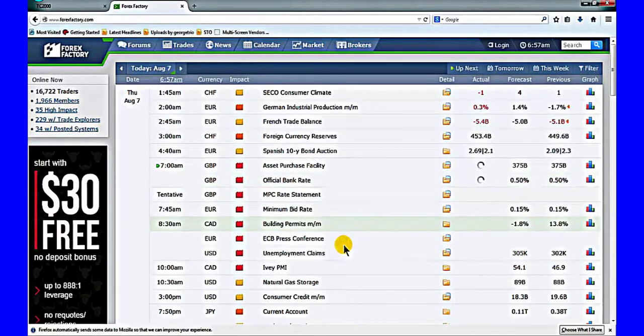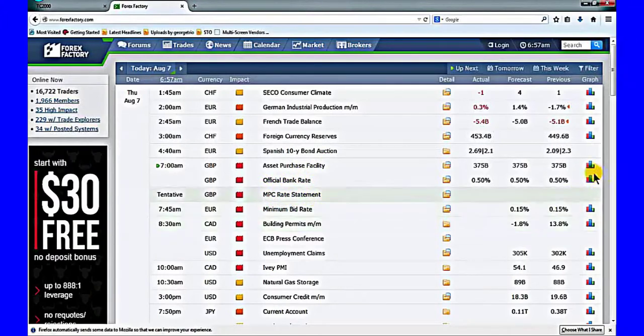My focus is not about predicting exactly the outcome of the economy news, but to predict the market sentiment at the end of these three major, high impact economy news: the asset purchase facility, the official bank rate, and the MPC rate statement.